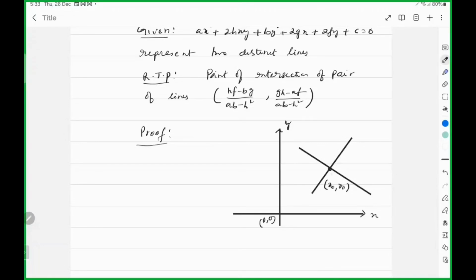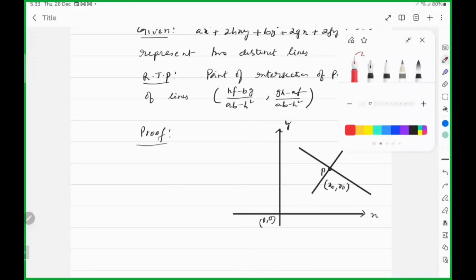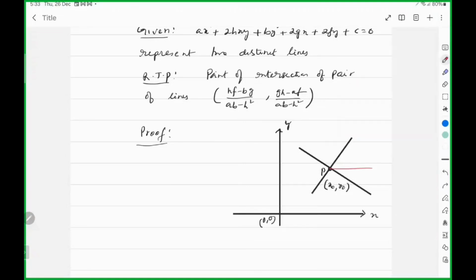Shift the origin to this point and now the axis becomes the new axis. So for this new axis, the same point becomes the origin of capital X, capital Y with respect to small x, small y. This point's coordinates are this.